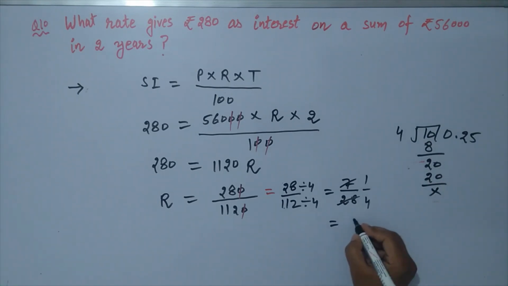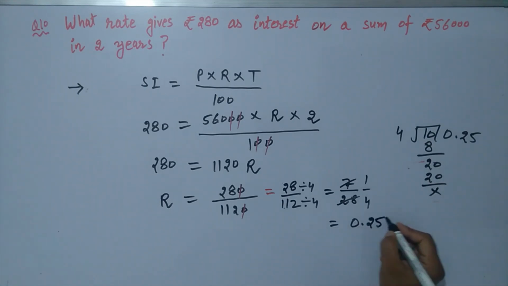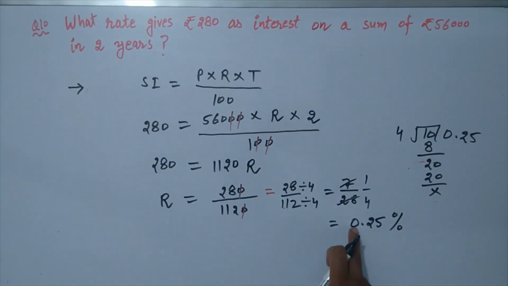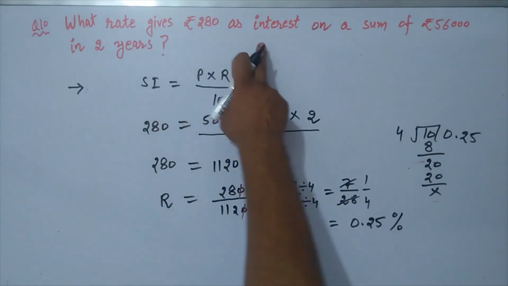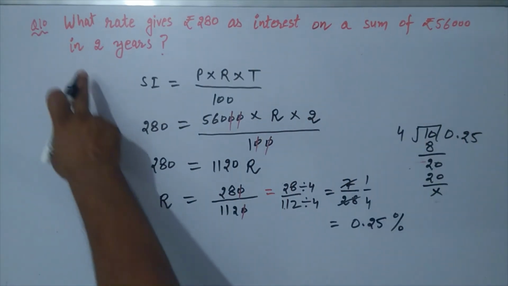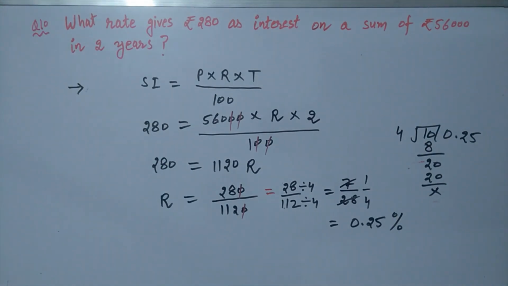So this way 0.25%. What was the question? What rate gives rupees 280? So 0.25% gives rupees 280 as interest on a sum of rupees 56,000 in 2 years.